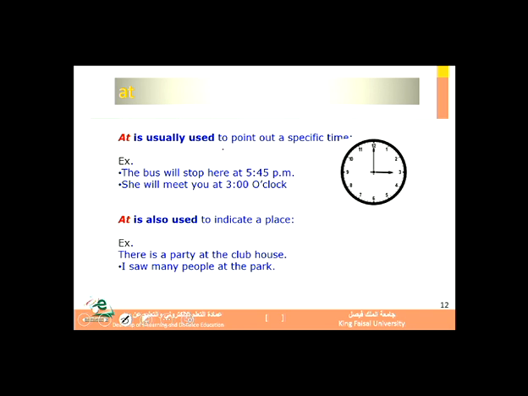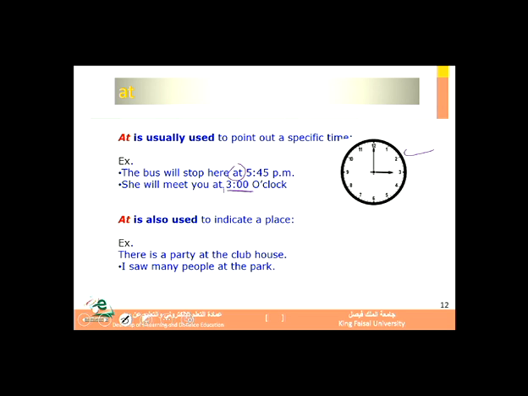Another preposition is the preposition at, which we usually use to indicate time. So usually we use at to point out a specific time. The bus will stop here at 5:45 p.m. So what is 5:45? It is a time reference. We refer to a specific time. She will meet you at 3 o'clock. So time reference.